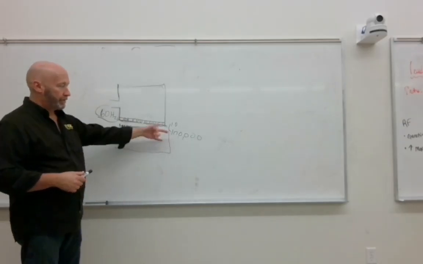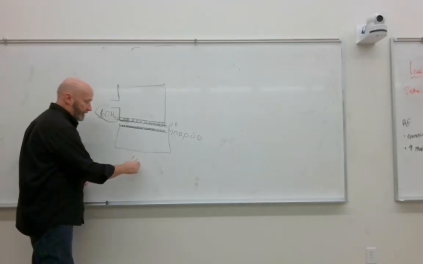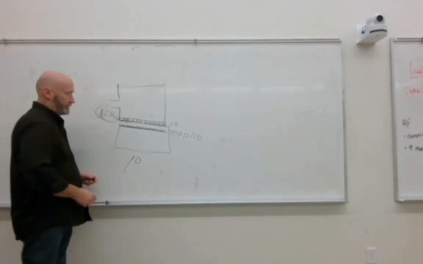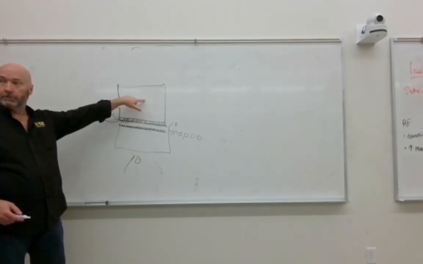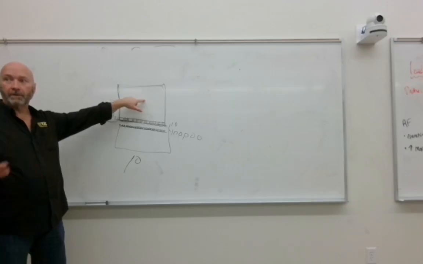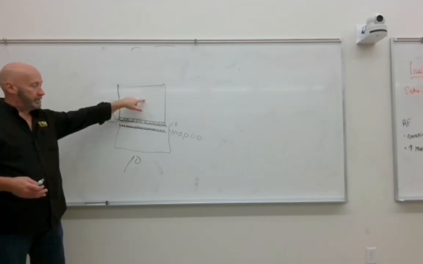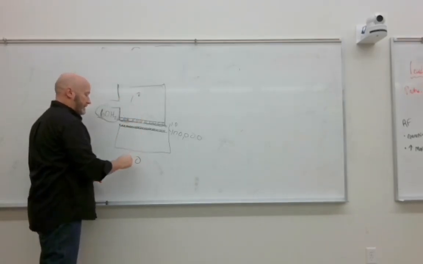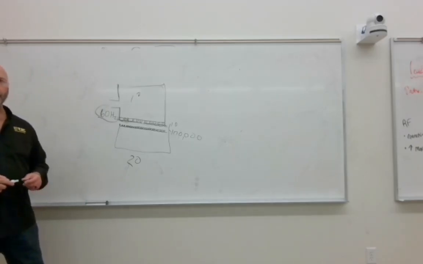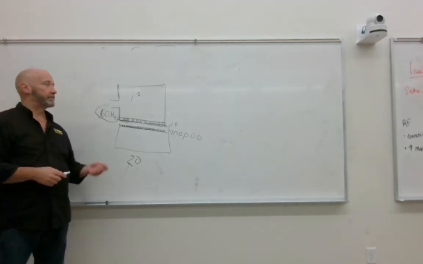So if the turns ratio is reversed, let's say this is my primary, then my voltage is going to decrease, right, according to turns ratio. If this is primary and this is secondary, my voltage is going to increase, right?